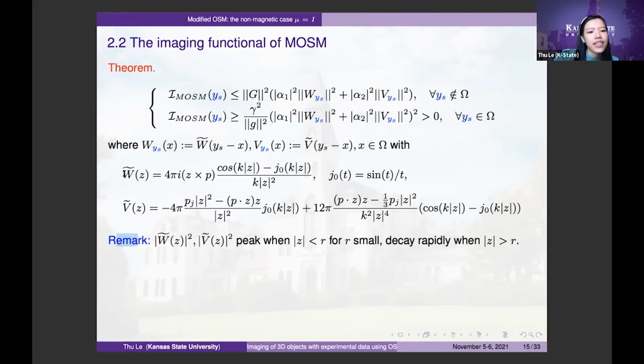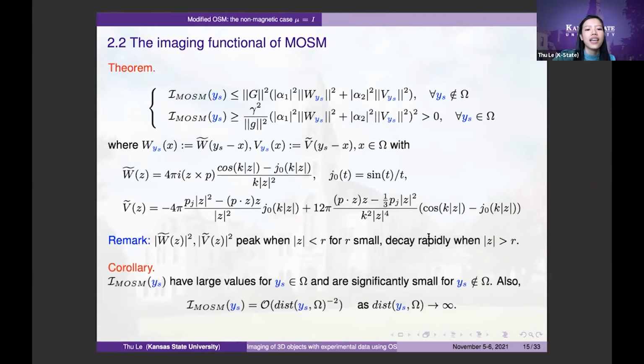We remark here that the functions W and V peak, their modulus squared peaks, when the modulus of Z is small, and they decay rapidly when the modulus of Z gets bigger. Because of that property, we can understand the behavior of the imaging functional.